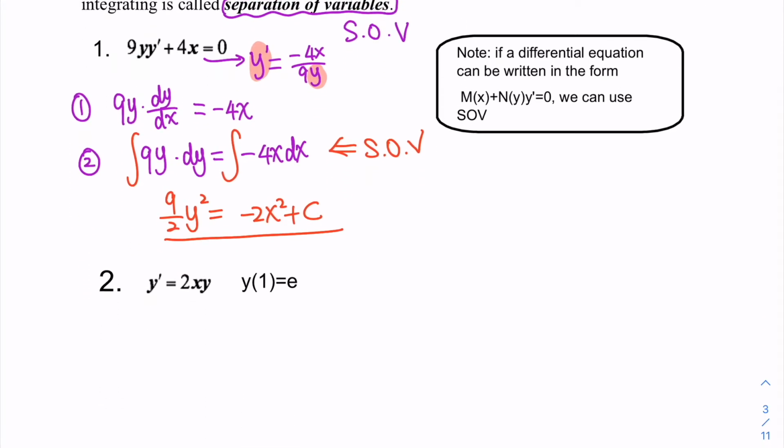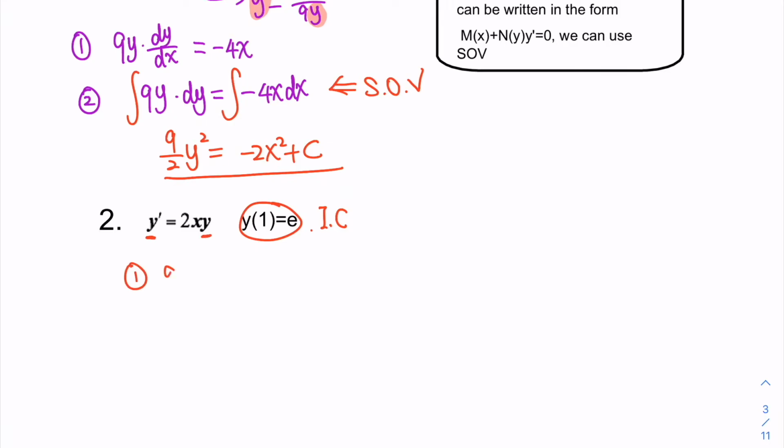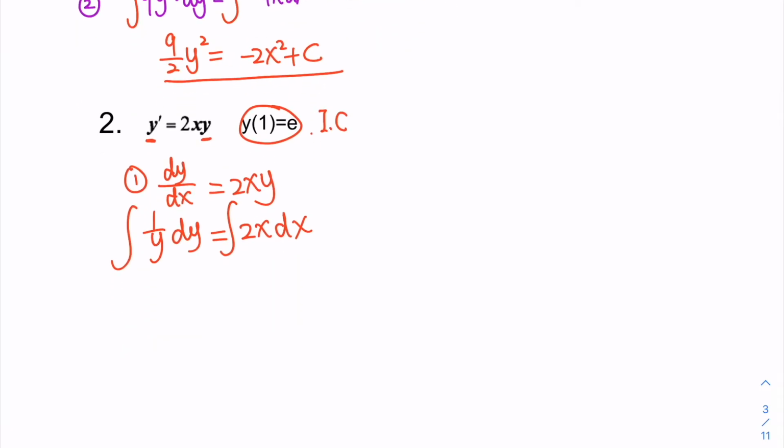Sometimes in a problem like this, I have y on both sides and we have an initial condition, so in this case we have to solve for c. We write dy over dx, so it's 1 over y dy equals 2x dx. We take the antiderivative, so it's ln of absolute value y equals x squared plus c.